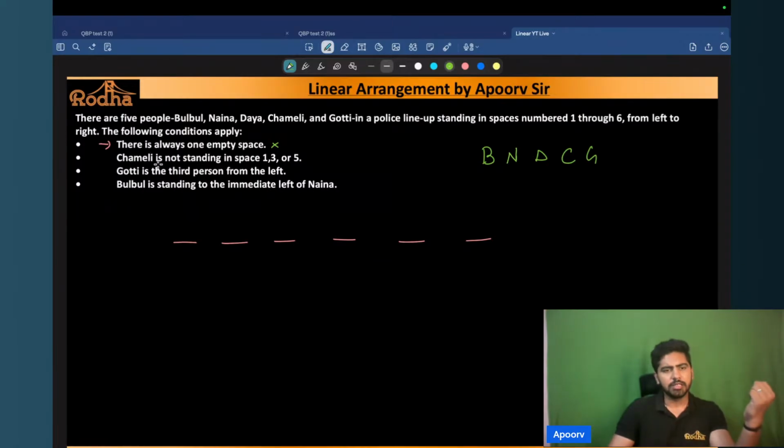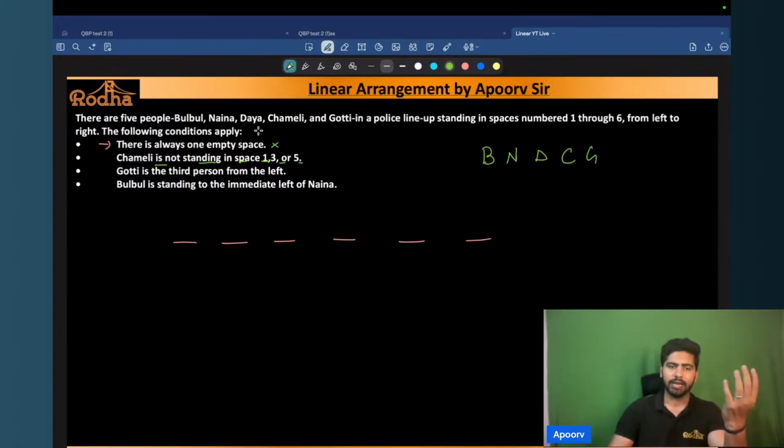Now further it tells me Chameli is not standing in space 1, 3, or 5. Somebody starting linear arrangement for the first time would just read this, keep it in mind, and move ahead to the next statement. But my suggestion is to always represent the data in a symbolic fashion.